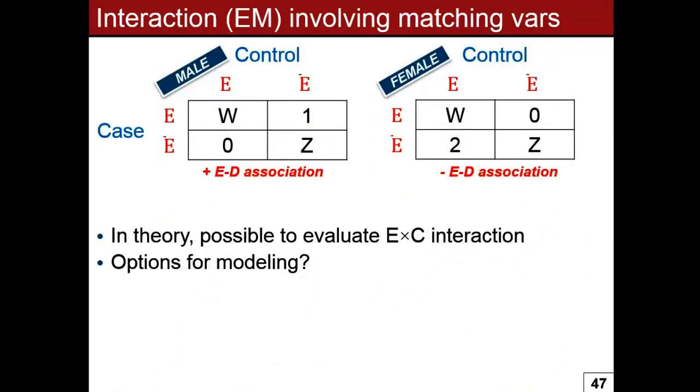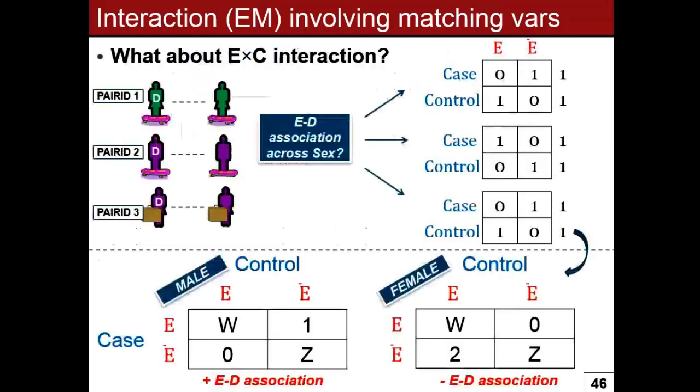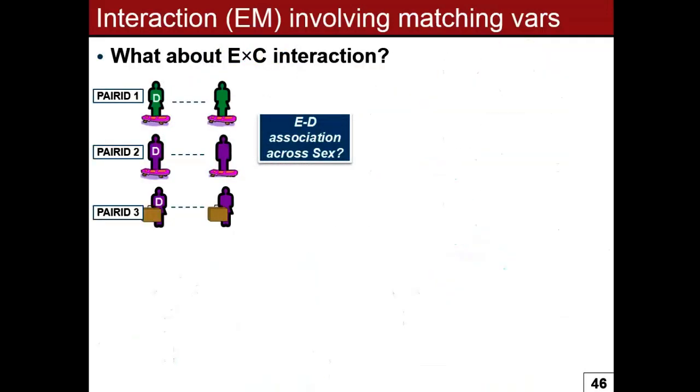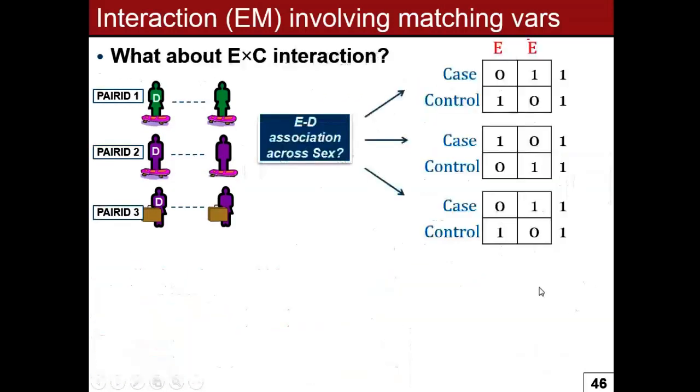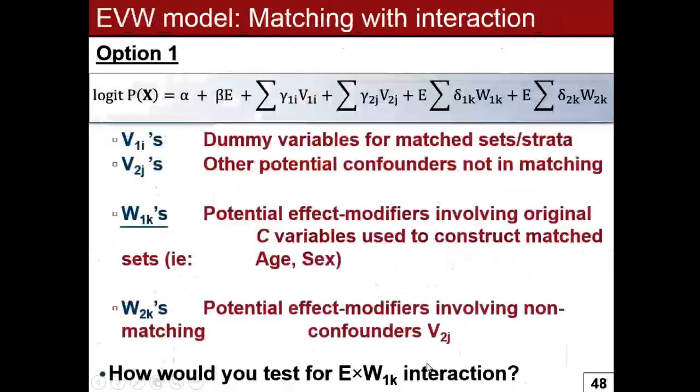We can do this in theory in our logistic regression model too. You could actually put in interaction terms with the matching factors, the factors that were matched upon. It's conceptually possible. It's not this situation where every pair is the same and you can't estimate everything. You could imagine effect modification, and we can deal with that.